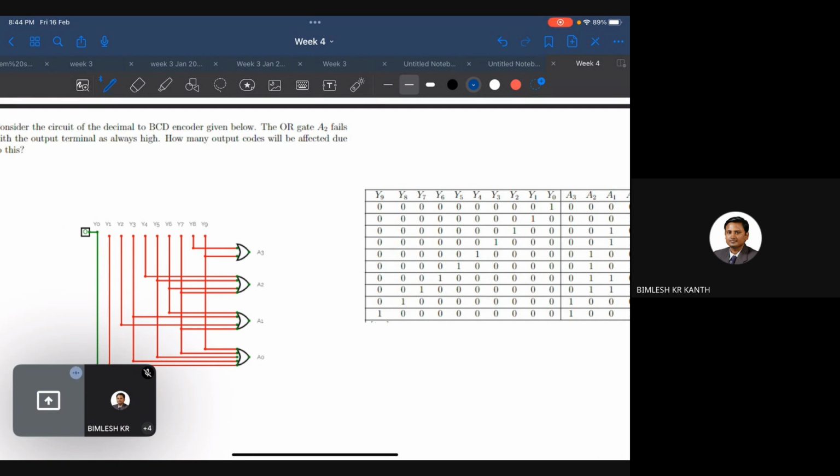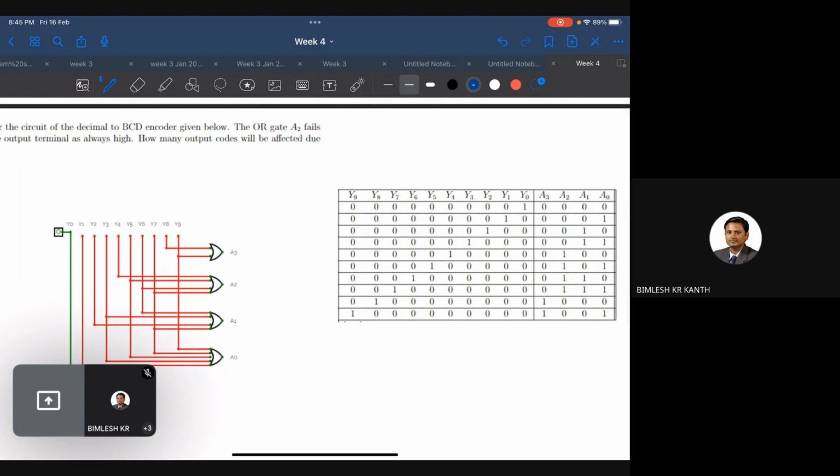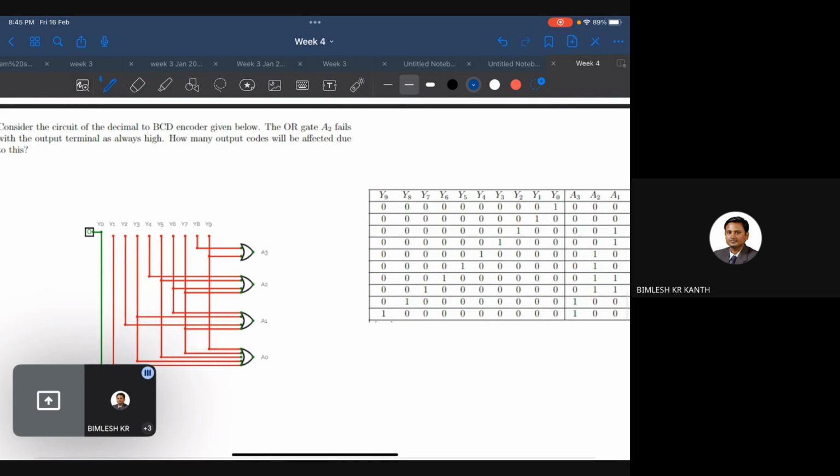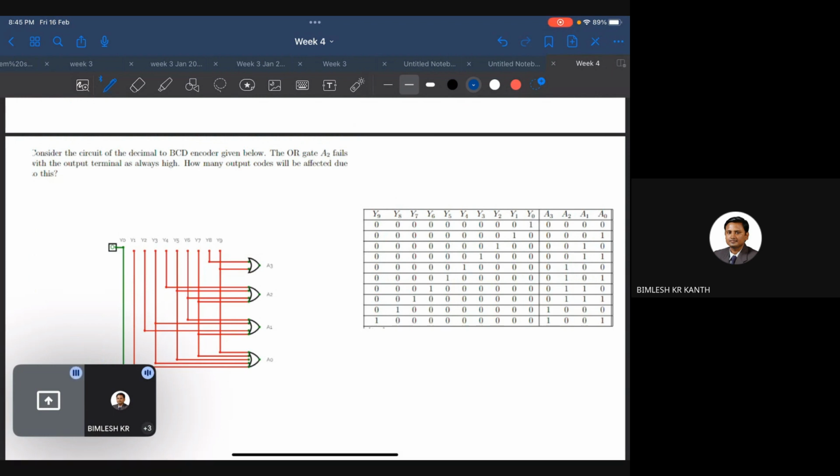How to solve this question? What is the question saying? OR gate A2 fails. So what does it mean? Fails means maybe it is damaged due to some reason.